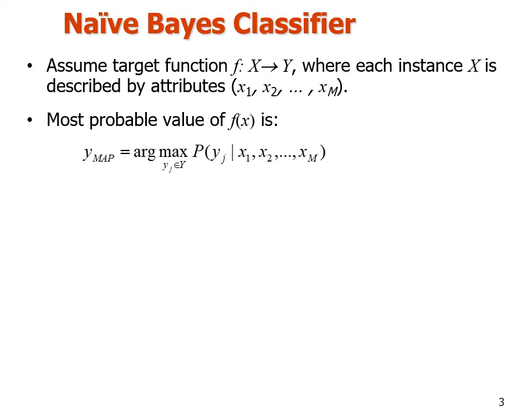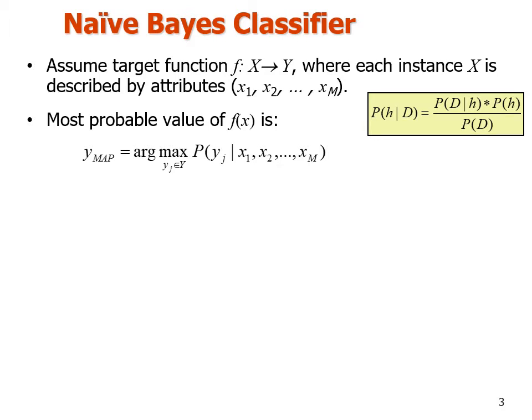We have studied Bayes theorem earlier and we know how to write the expression. Bayes theorem is given as probability of H given D is equal to probability of D given H into probability of H divided by probability of D.